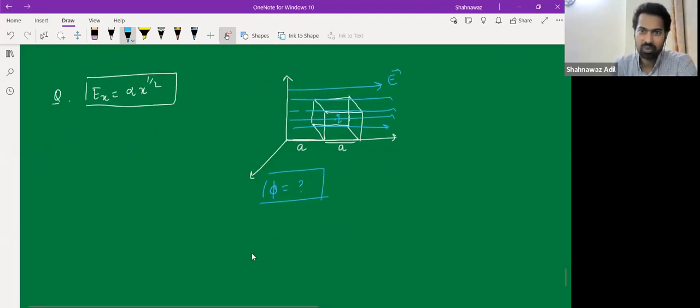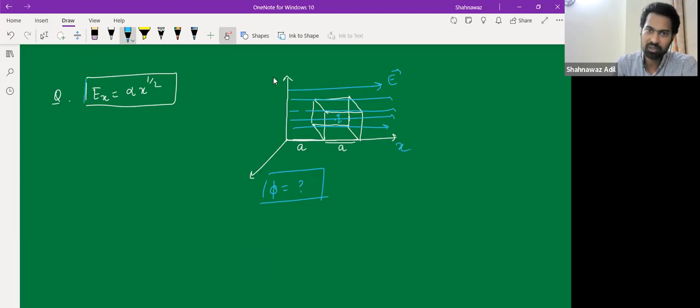Can you explain that Ex part? Yes. Yeah, this electric field is only in the x direction.